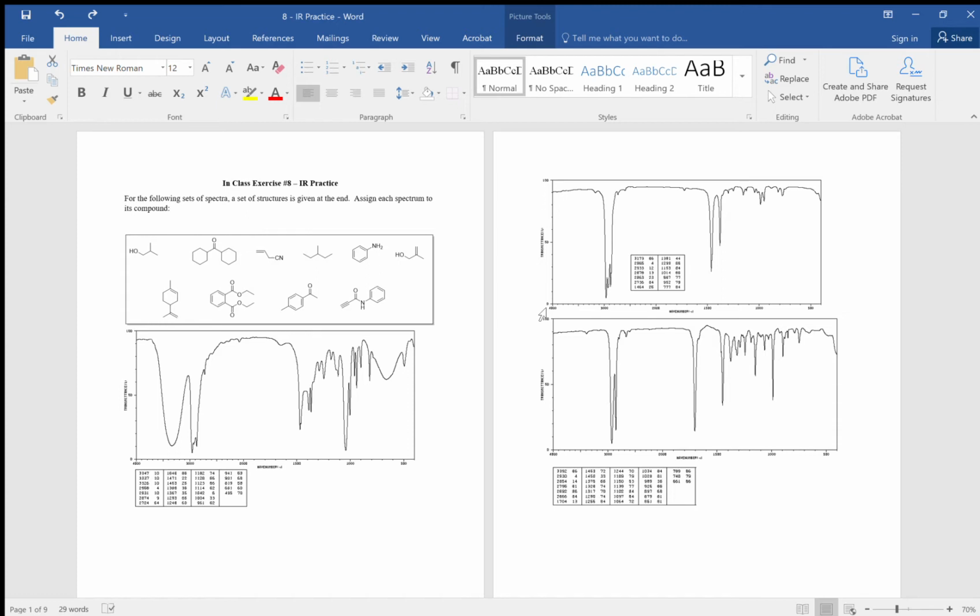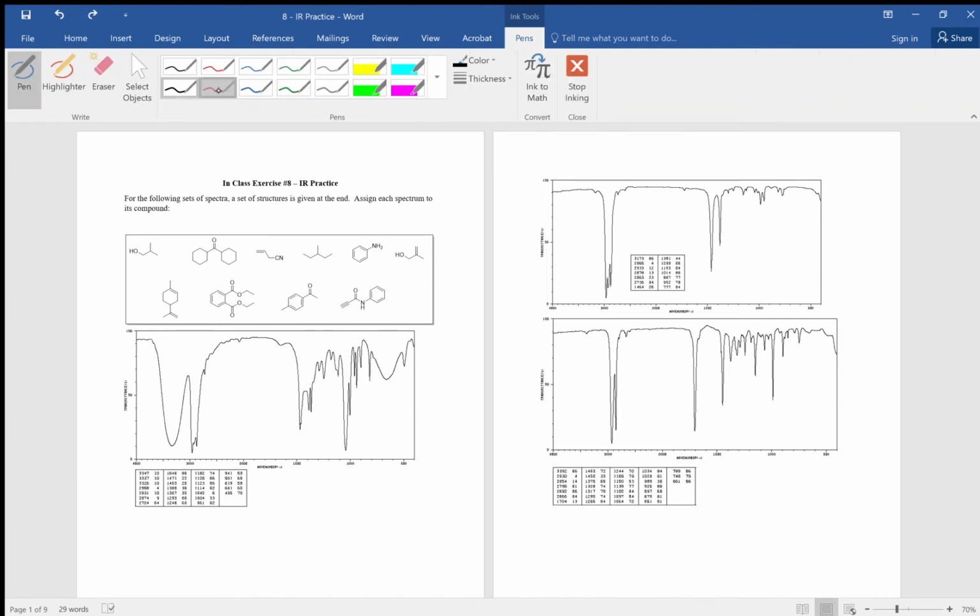So our goal here is to determine which of the compounds in the box matches each spectrum. If we start with our first spectrum, we can see that we have an alcohol here.